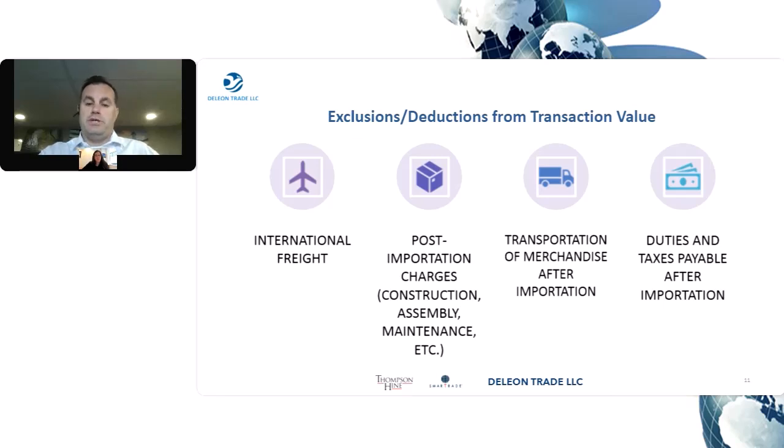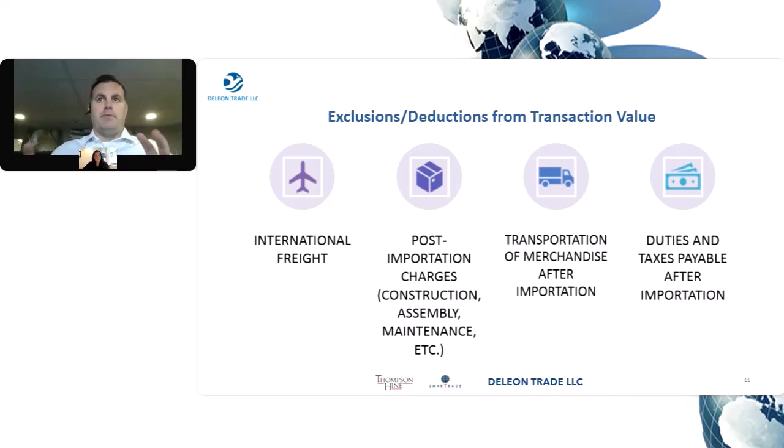Right. I think that's a very good question, because when we're talking about post-importation charges in the context of an exclusion, it's specifically related to services being provided in the U.S. after importation, and it's a very limited list. It's construction, assembly, maintenance, erection, basically construction-type things. Whereas any payment that occurs after importation is considered by customs part of the price actually paid or payable.